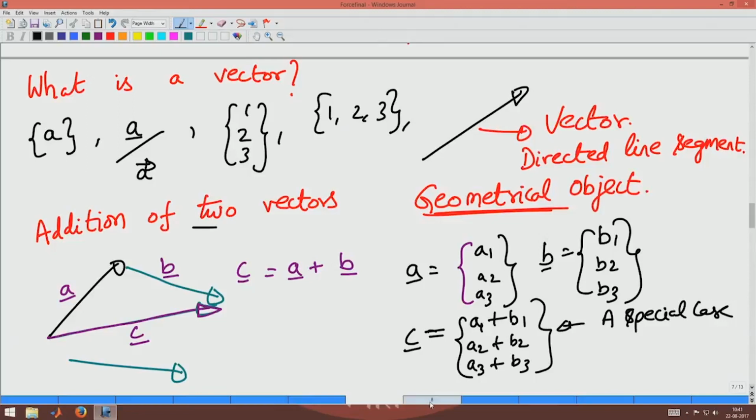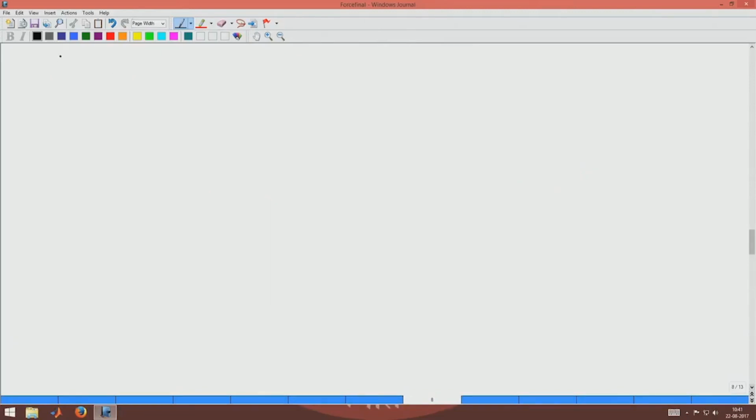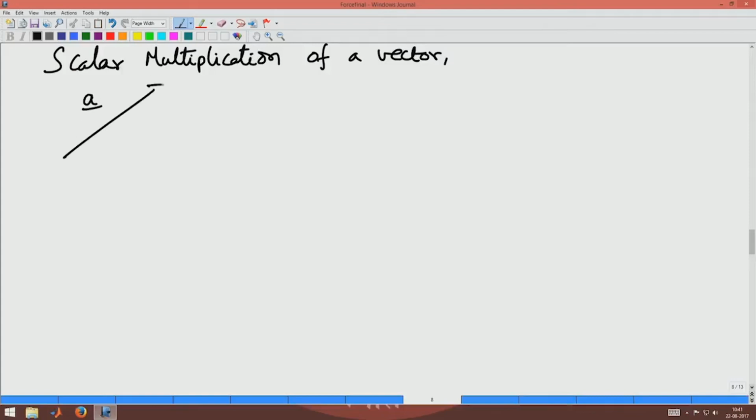Next we are interested in seeing scalar multiplication. Multiplication of a vector, that is, if I have a vector A which is this dotted line segment, if I want alpha times A, what it means is, if alpha is 2, then this vector, these are parallel lines but the length has become 2.